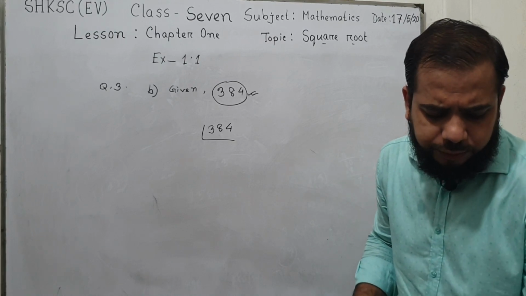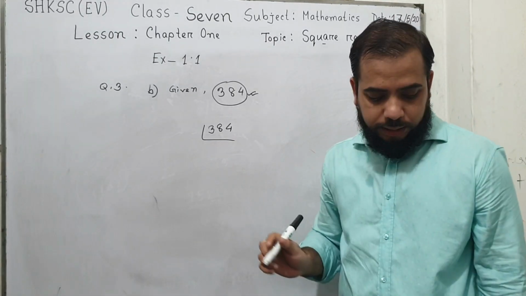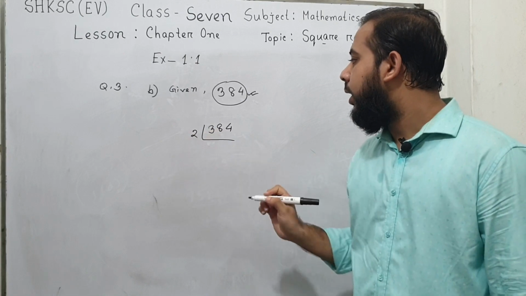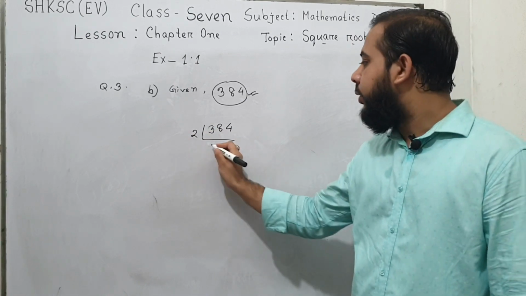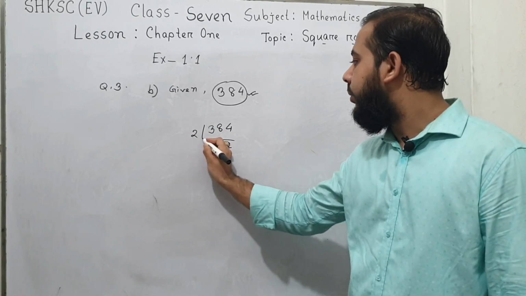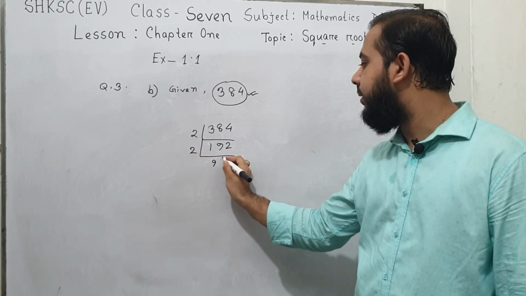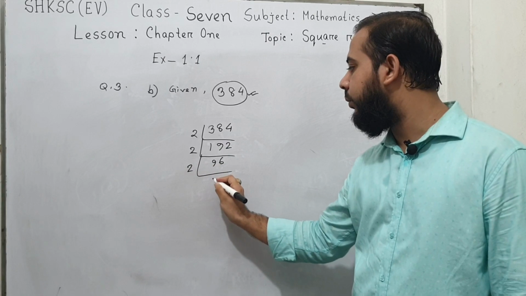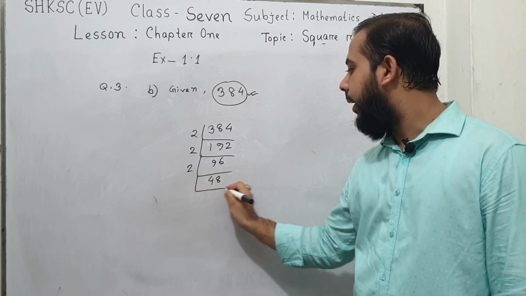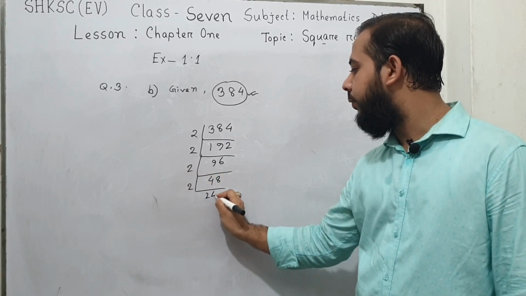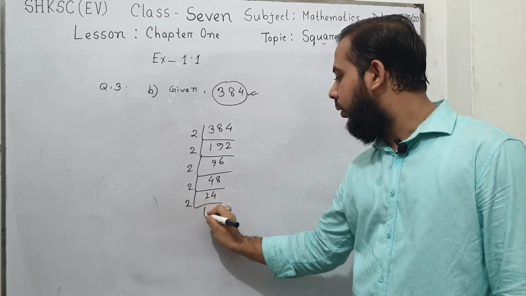The time is too short, for this reason I just do a quick calculation. If we divide it by 2, we will get 192, and again dividing by 2, we will get 96. Again we divide by 2, we will get 48. Again divided by 2, we will get 24, and so on.